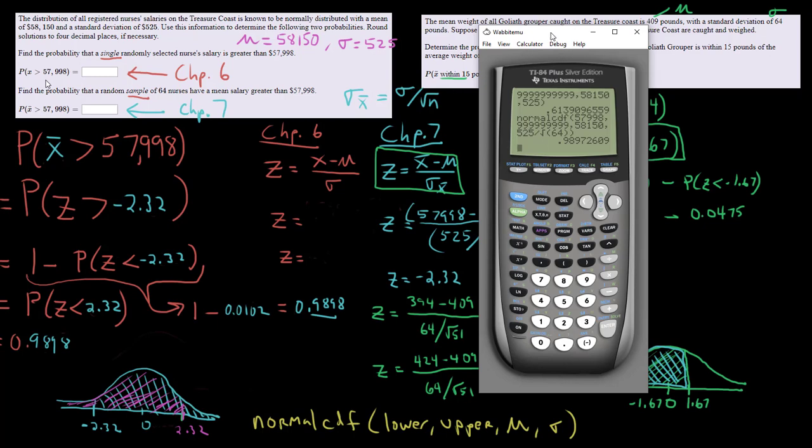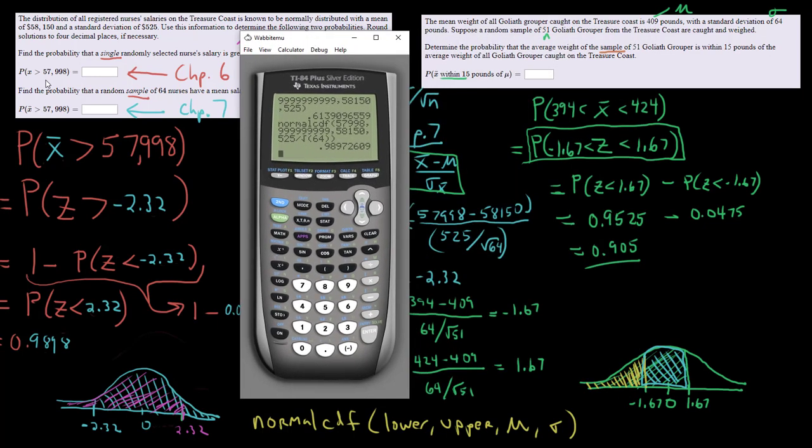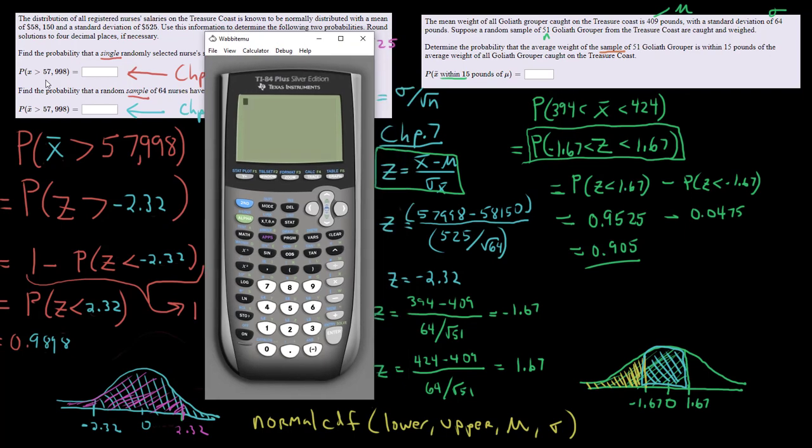Okay, let's then check ourselves over here. Again, this is a Chapter 7 question because it was all about a sample of 51 grouper. So we need to make sure to use the standard error whenever we type in the syntax like I have here in yellow. Second vars, go down to second option, normal CDF. So now we actually do have a finite lower and upper.